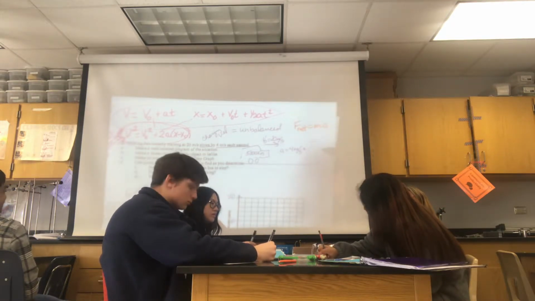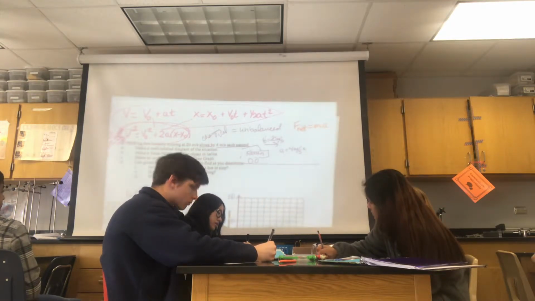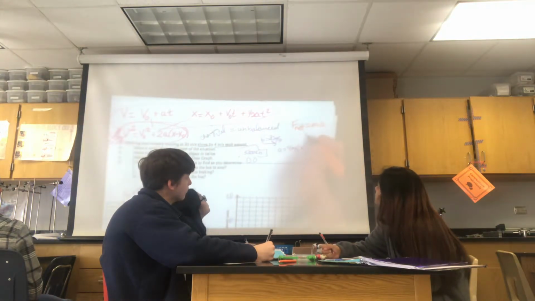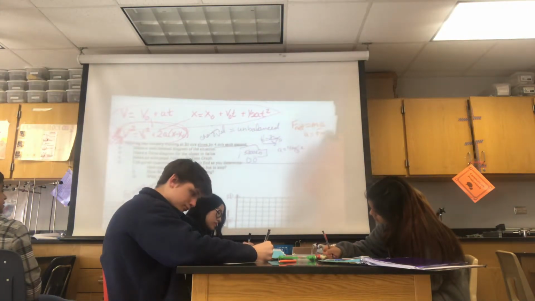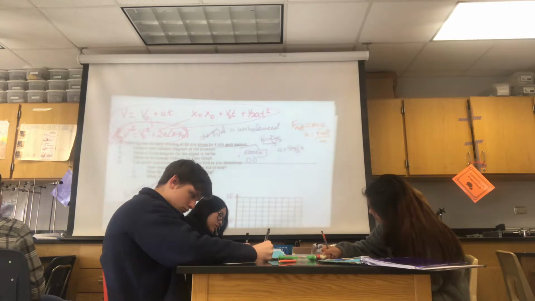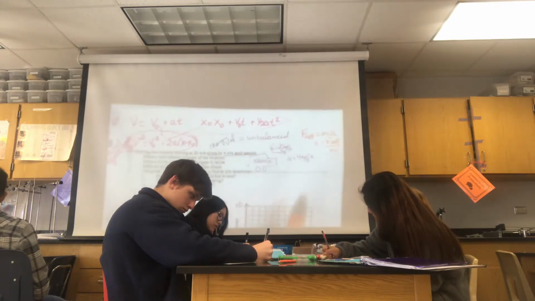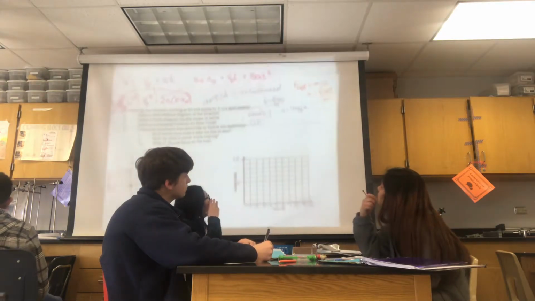What causes an acceleration? How much force you give to a mass. So you can say a equals F net over m. All right, so that's great. This is our arsenal to work with.